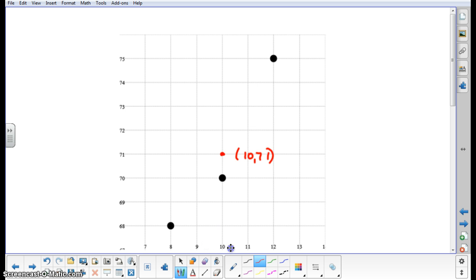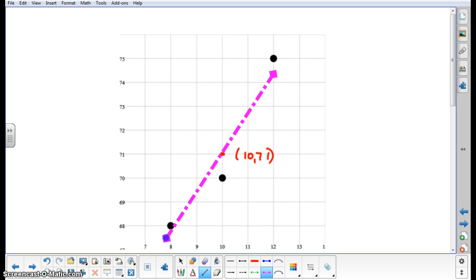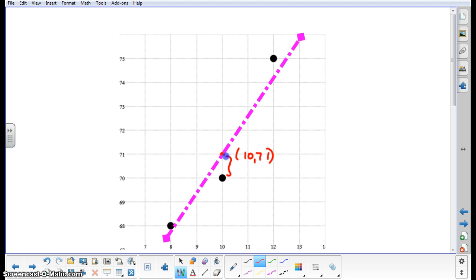You'll notice that we've flipped x's and y's here, so the 10 is on the horizontal axis and the 71 is on the vertical axis. Let's sketch a best fit line through that point. What we're trying to find are these vertical distances between the data points and our line.